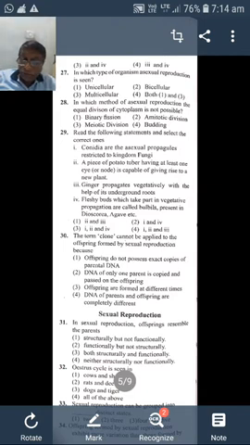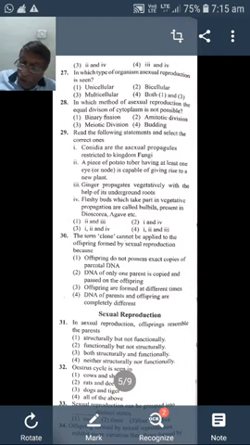Okay. Now, the term clone cannot be applied to the offspring formed by the sexual reproduction, because, read the answer carefully: offspring do not possess exact copies of parental DNA.